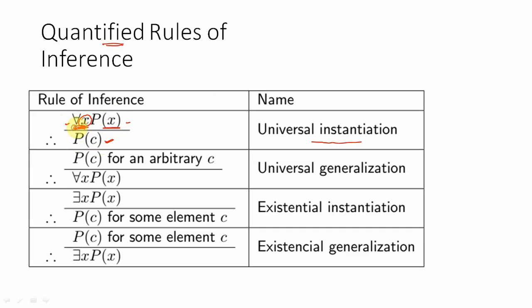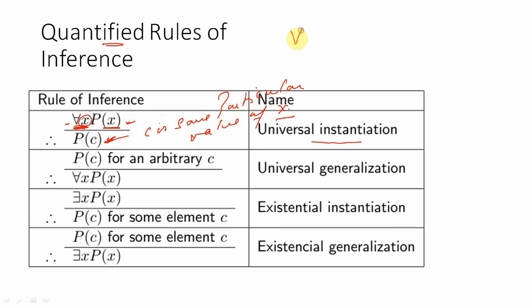The x is a variable which is taking the value from the universe of discourse, and c is some particular value of x. So we say if p is true for all the values of x, then p is true for a particular value c.